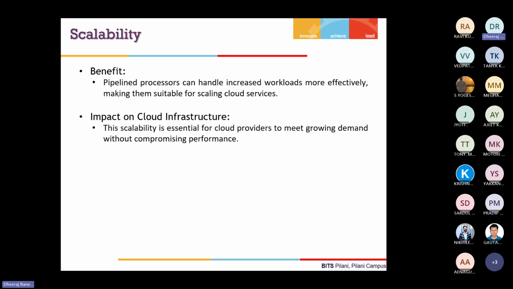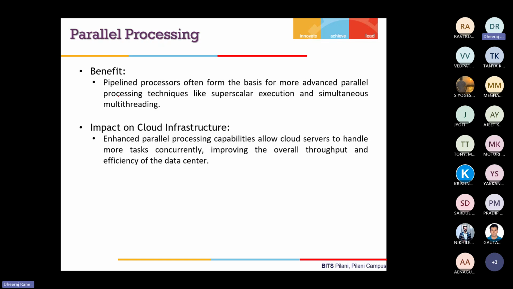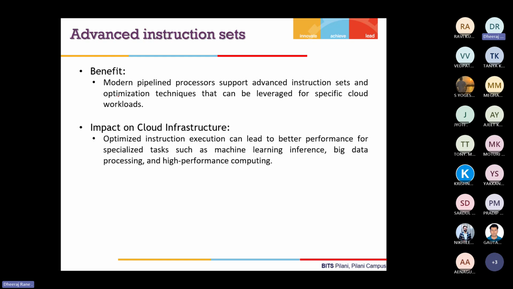Scalability, obviously, we are doing parallel processing, so whatever the number of pipelines available, at least till that level, we can scale, right? Flexibility in workload management. Again, by having multiple stages, we can have the required flexibility, parallel processing.